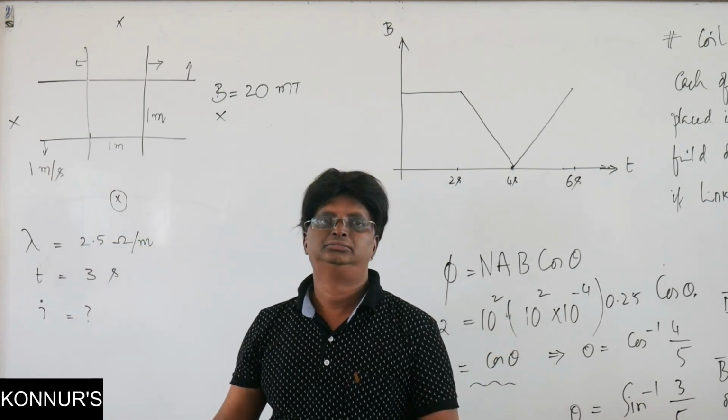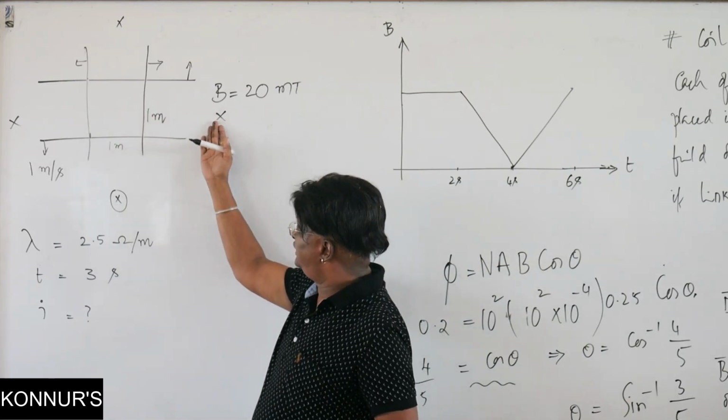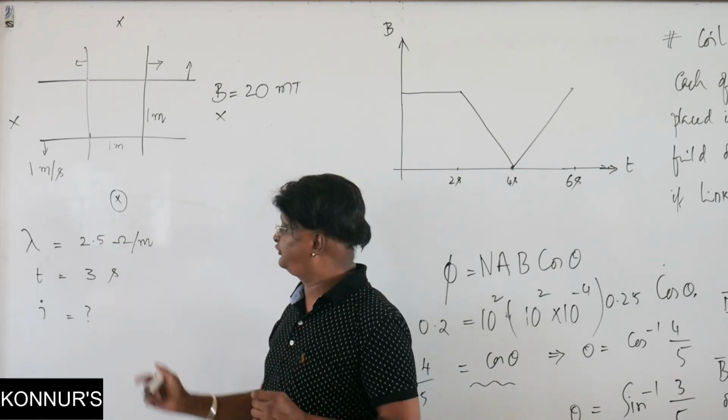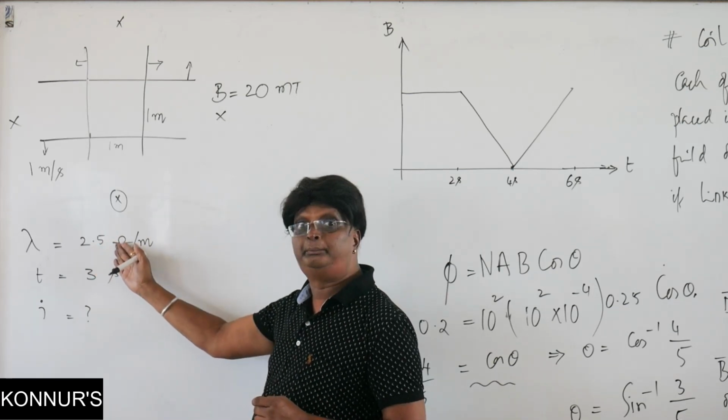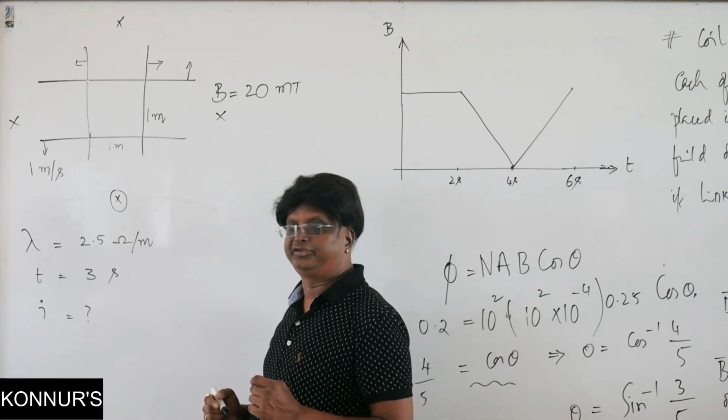This is the data. A wire initially forming a square in the magnetic induction, theta is given, and the resistance of the wire is given. It is 2.5 ohm per meter, yes, resistance per unit length is given, that is important.